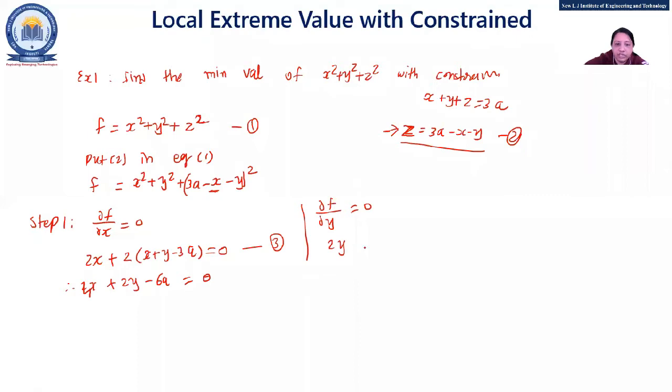According to this, directly I'll write 4y plus 2x minus 6a equal to 0.